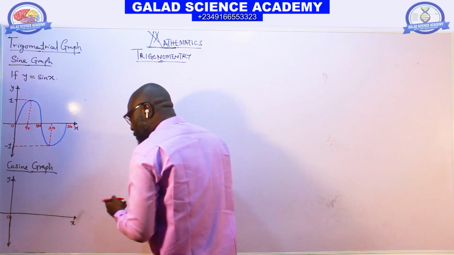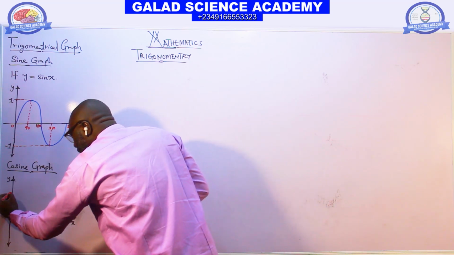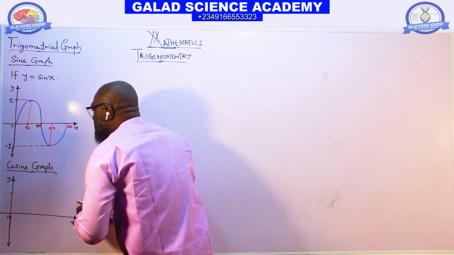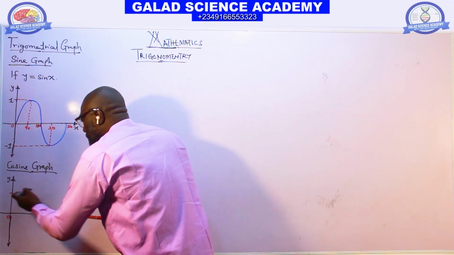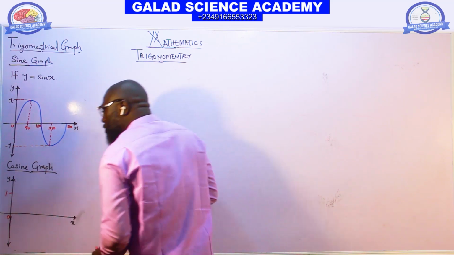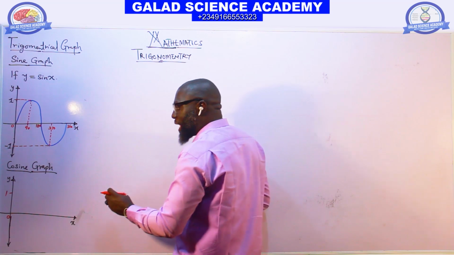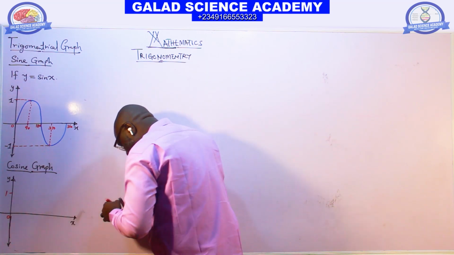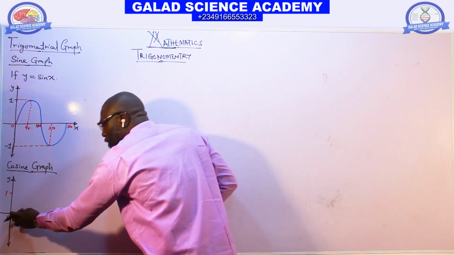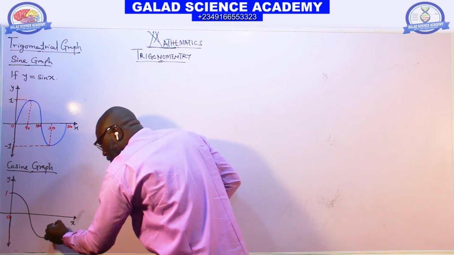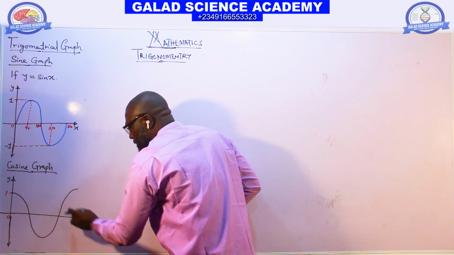This place is 0. This place is 1. If you plot the graph, cos 0 gives us 1. So your graph of cos always starts from up here, not from the origin. It comes from up like this, goes down, and goes up again like this.